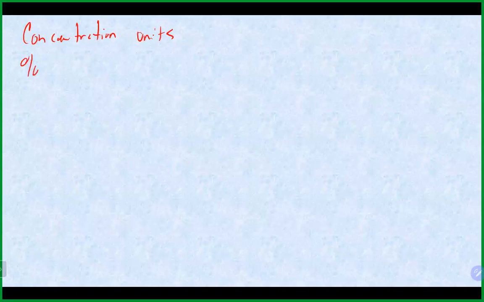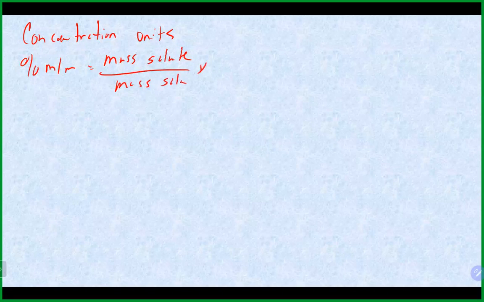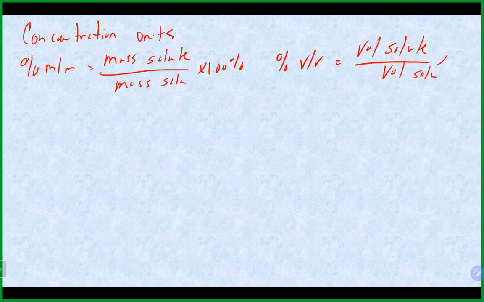We had our percent mass to mass, which is the mass of the solute over the mass of the solution times 100%. We also talked about percent volume to volume, volume of solute over volume of solution times 100%.